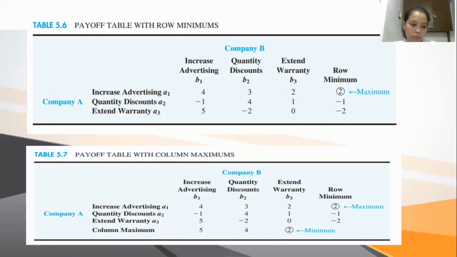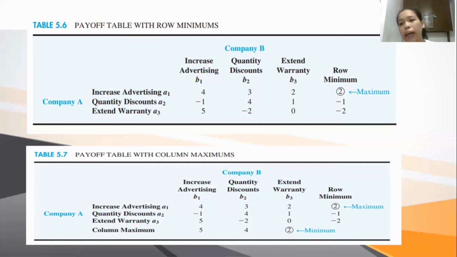So after considering all the row minimum values, strategy 1 guarantees company A an increase of 2% in the market share.